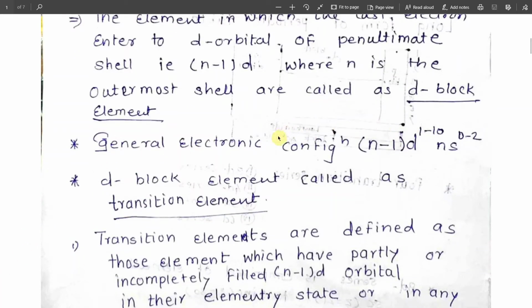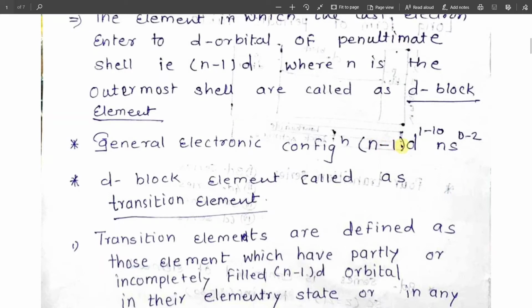You know that they are electropositive. They are located between the S block and the P block.